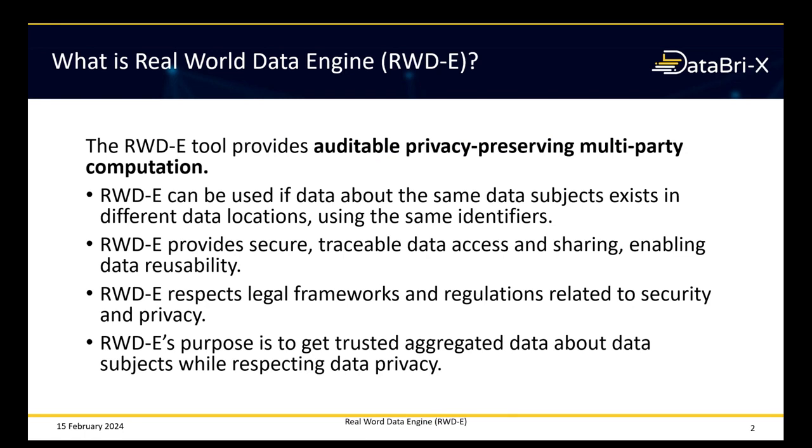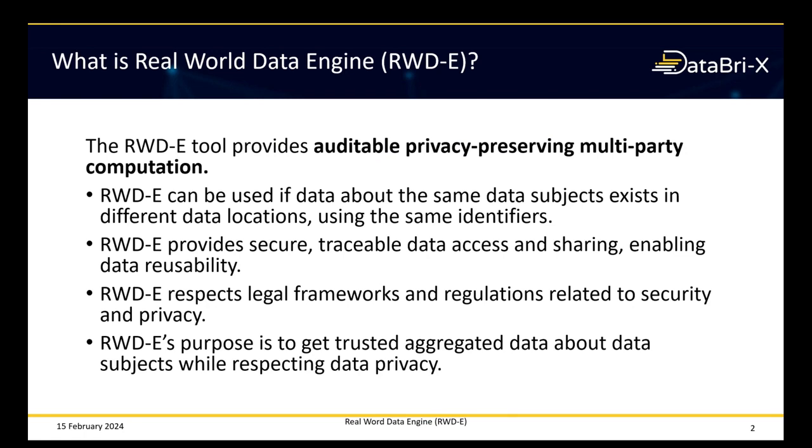And there are plenty of use cases where data cannot be linked for legal reasons, etc. Real World Data Engine provides secure, traceable data access and sharing, and thus enables data reusability. We have paid close attention to all the legal frameworks and regulations so that sensitive data could be accessed in a trusted way using this tool.